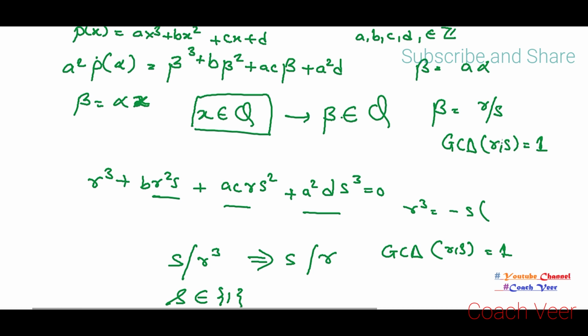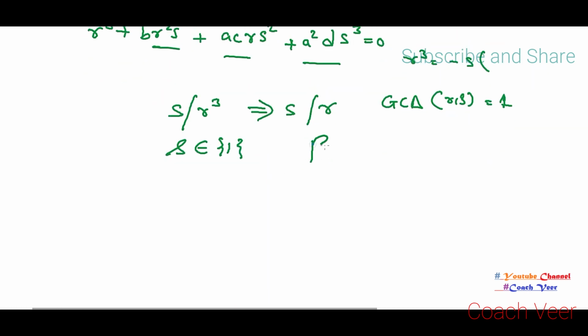If beta is equal to r, then beta is an integer. If its denominator is 1, then it is an integer. So that is how we can modify the question from this thing you are seeing.